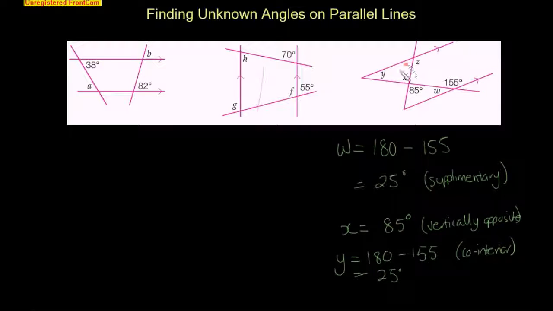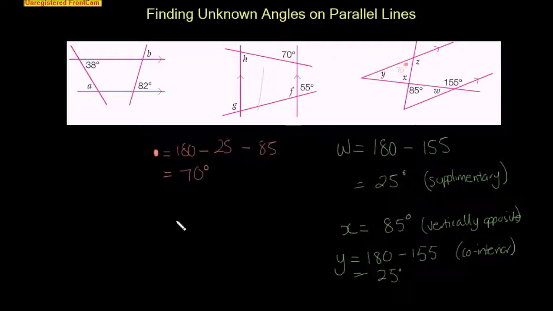We can do that because this forms a small triangle, and we know that triangles have to add up to 180 degrees. So this one, our dot, is equal to 180 minus the value of Y, which was 25, minus the value of X, which is 85, which is 70 degrees. So in here is 70 degrees.